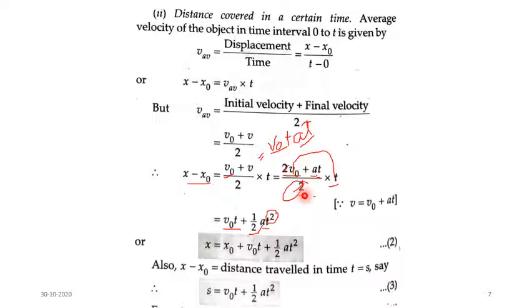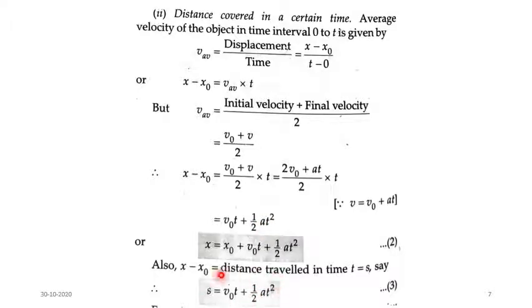Now x minus x naught. What is x? x is your final position, x naught is your initial position. So this is your displacement, or I can say this is also the distance traveled by the object in time t, which is denoted by s. So instead of writing x minus x naught, I can write s equals v naught t plus half at square.